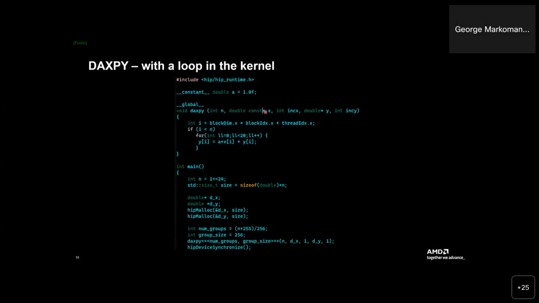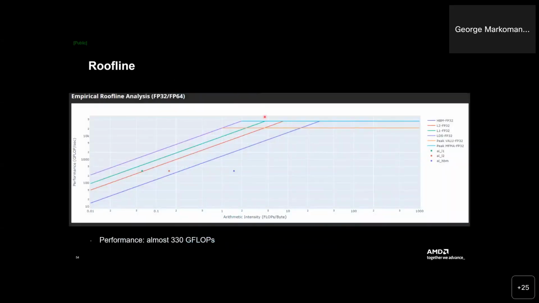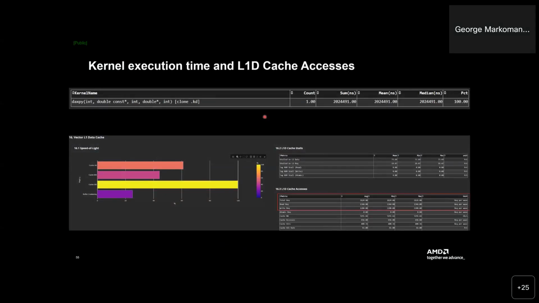Because we have pointers here, the compiler does not know if the pointers can point to the same memory address. Also, when we look at the kernel execution time, it runs, this is like 2 million nanoseconds, 2 seconds, I think, and the total write requests, read requests, and the total, that is a lot.